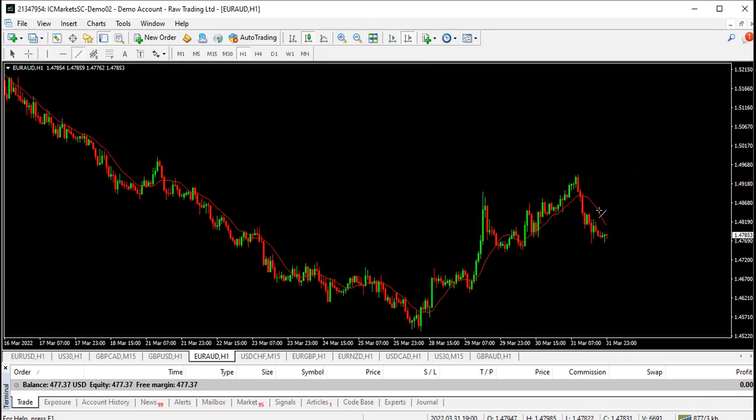So what we expect is that the market will move from this point and continue downwards. So for a sell stop, this is how we do it. Let's say the market is in a downtrend, so it will be making a series of lower highs and lower lows like this.